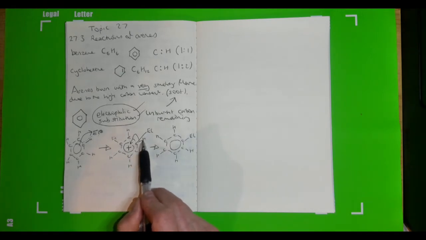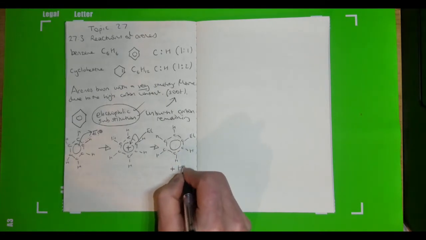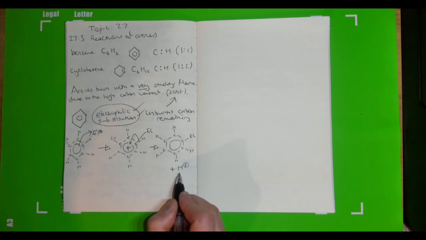I've taken electrons away from that hydrogen, therefore that hydrogen becomes positive, and I've broken that bond. So I write plus H+. I've lost a proton. That is a proton, remember, and H+ is a proton.